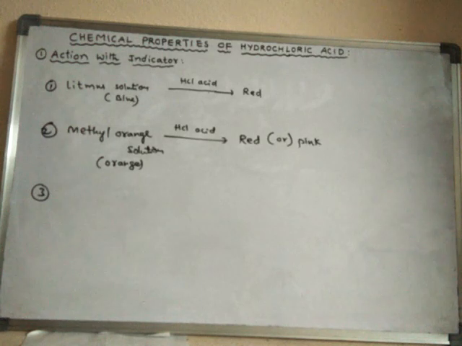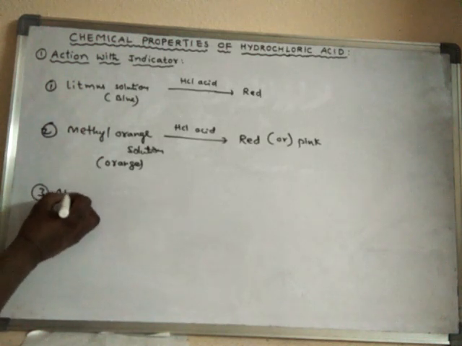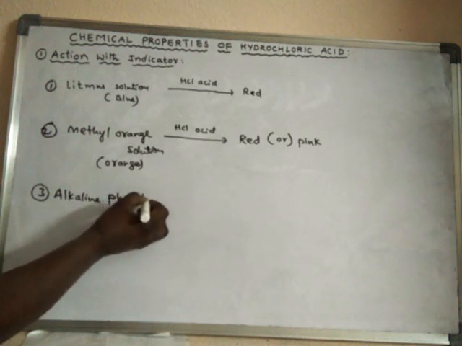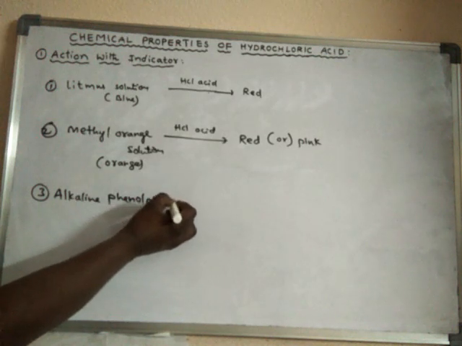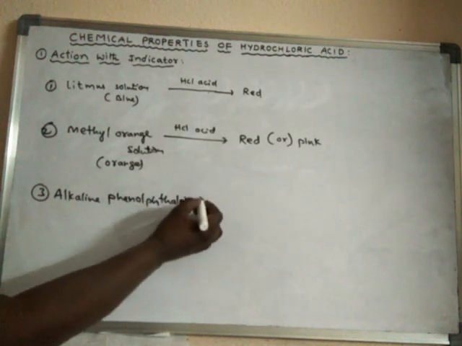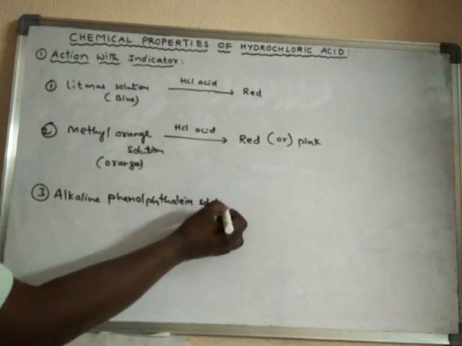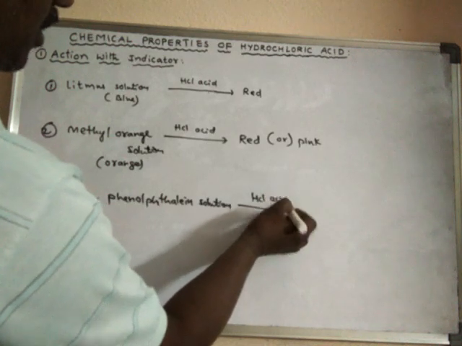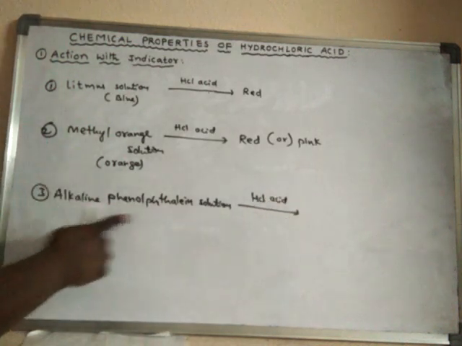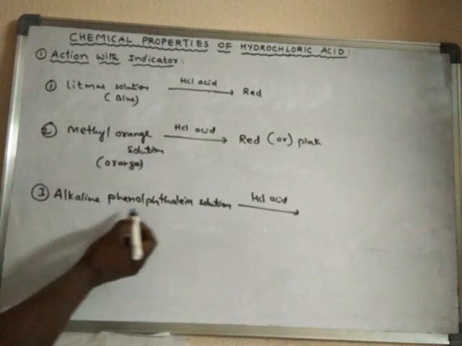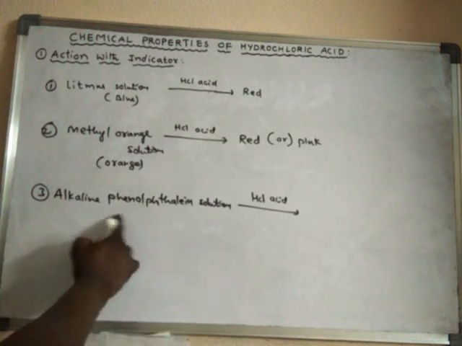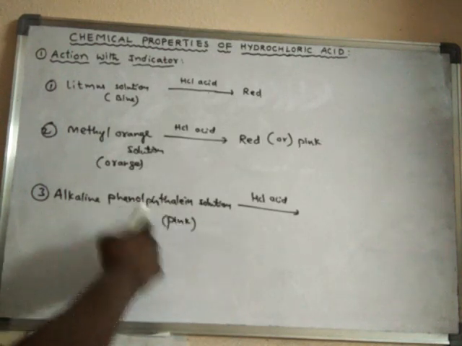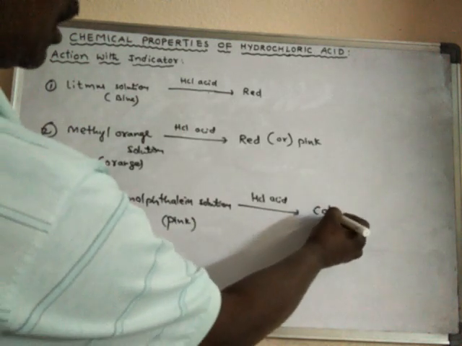And with alkaline phenolphthalein solution. When HCl is in contact with alkaline phenolphthalein solution, the color of this solution is pink.